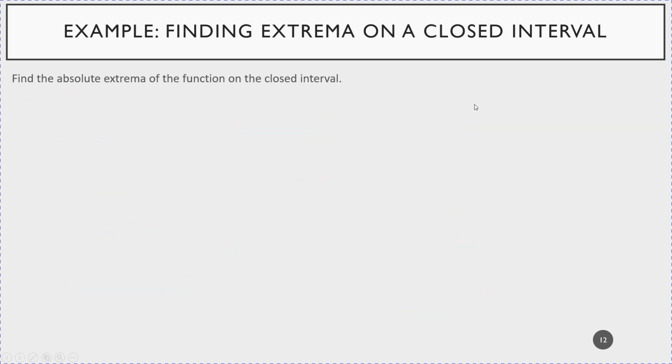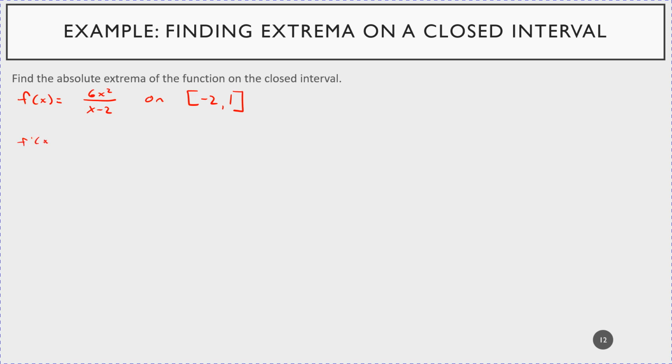Okay. So now let's consider this function. Let's look at f of x is equal to 6x squared all over x minus 2, and we want to look on the closed interval from negative 2 to 1. Okay, so you're going to need the quotient rule here, right? Unfortunately.